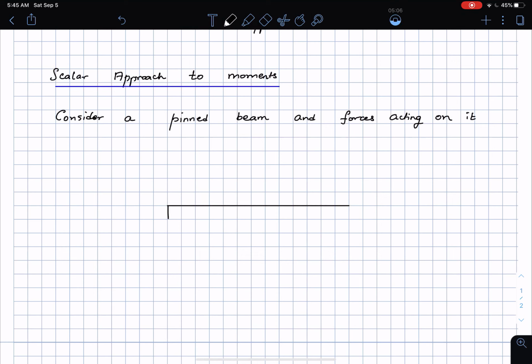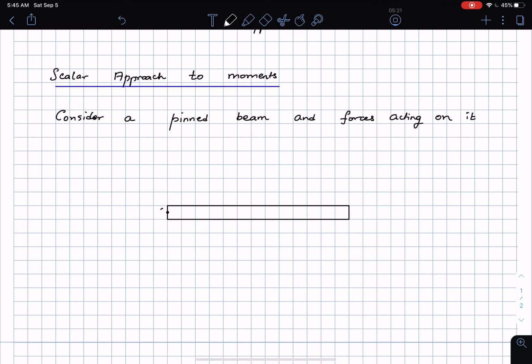I'm considering a beam that is very thin, so the assumption is that the width of the beam is of no consequence to me. This beam is pinned at this particular point.